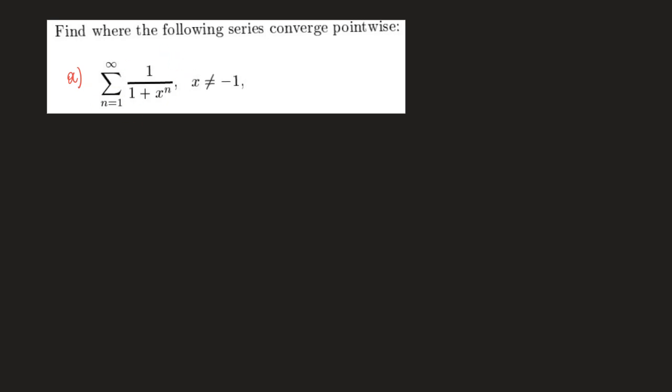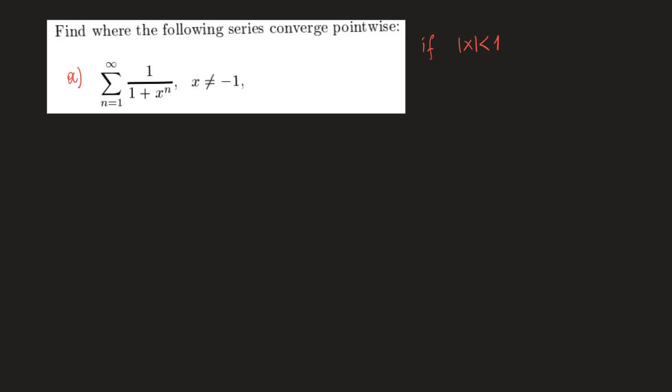So for example, if the magnitude of x is less than 1, of course x cannot be -1, because if x is -1, this becomes -1 to the power n, so sometimes it becomes 0, so it is undefined, so we don't allow x to be -1. If the magnitude of x is less than 1, we have a divergent series, right?